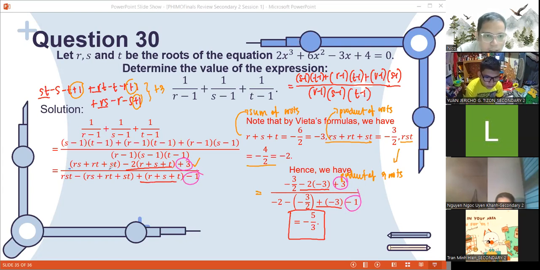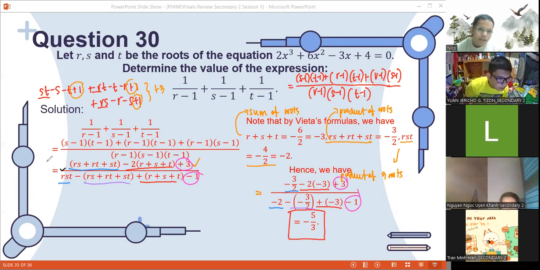And lastly, the RST, which is equal to negative 2, and then minus the RT, ST, which is just this one. We simplified it, right?